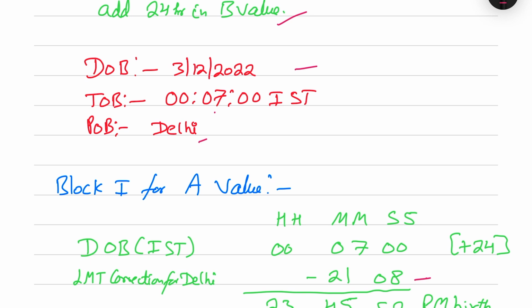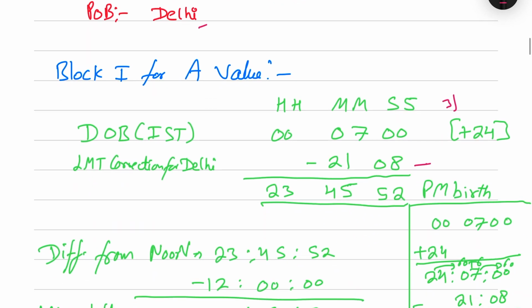So 0007:08 means it is approximately midnight, and if we subtract 21:08, the date lies on 2/12/2022 and the time is 23:45:52, so it will be a PM birth.